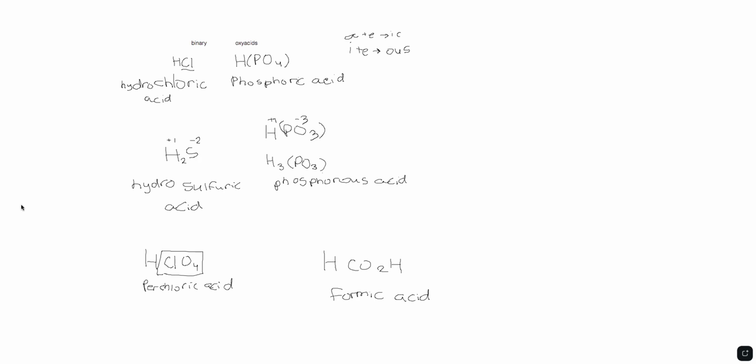Okay, so we've named compounds and we've named acids. So let's move on to our next topic of this video. So our next topic is the idea of an empirical formula for a compound or a molecule. So a molecule, we know, can have different combinations of different atoms.